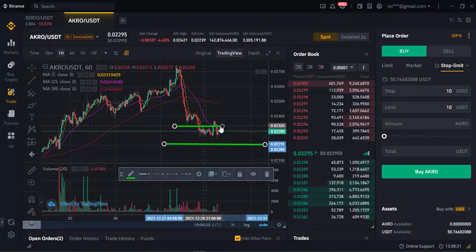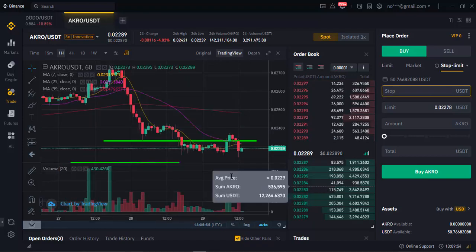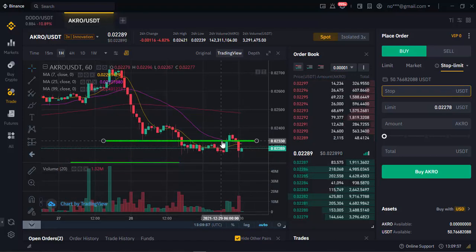Now we are trying to buy between here and here, and when you look at this, the price is still in between the two prices. We are going to make use of the prices in between these two as we are making use of the stop limit. But when we go back to OCO, we are going to make use of the two prices. In case the price goes up, it buys, or if the price comes down, it actually buys.